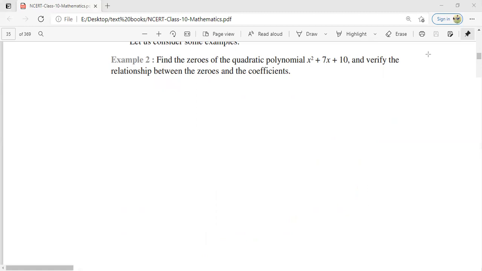This question is given in the textbook also, in an exercise.